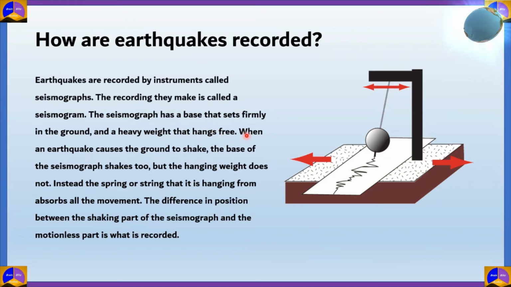When you have an earthquake, the base, which is connected to the earth, shakes, but the heavy bob, because of inertia, does not shake. So the shaking of the base causes the recording of these patterns on the paper, and the difference in position between the shaking part of the seismograph and the motionless part is what gets recorded as an earthquake.